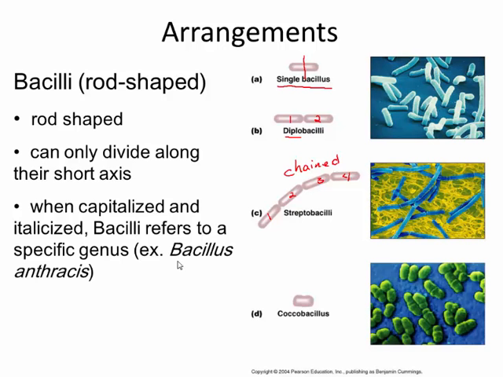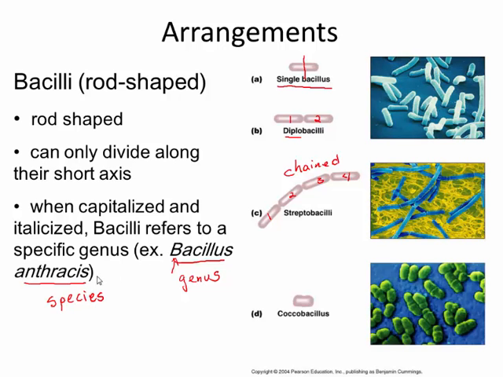For example, the causative agent of anthrax. The genus name for that bacteria is Bacillus anthracis. Bacillus, big B here, is the genus name. Anthracis, you notice lowercase, that's the species name. That's very specific.